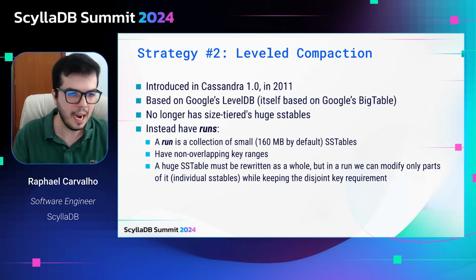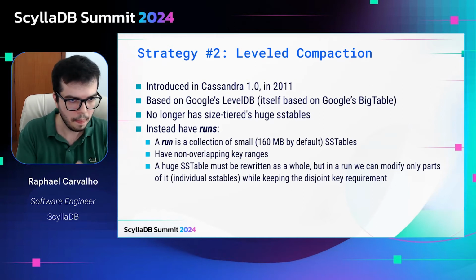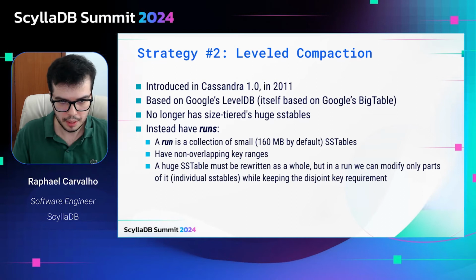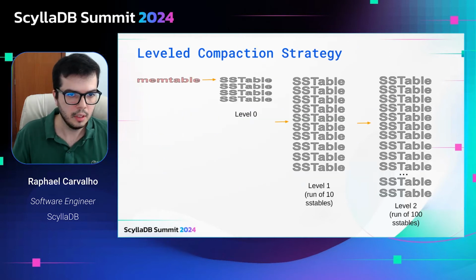The size ratio between levels is what we call the fan out, and that's very important also to reduce further the write amplification, which is already a big problem in level compaction. So the level compaction is intended to fix the space amplification problem, but at the cost of writes.